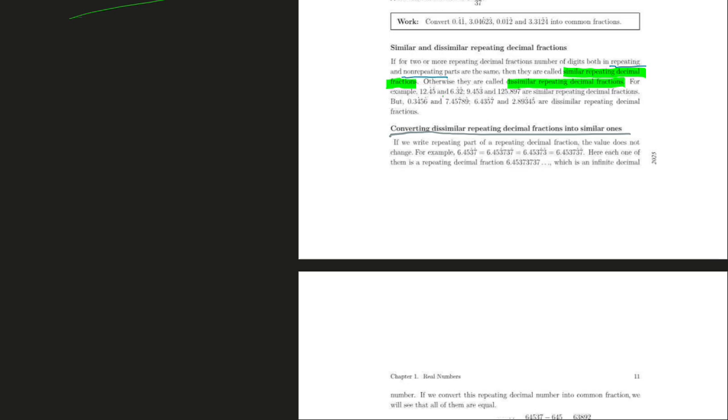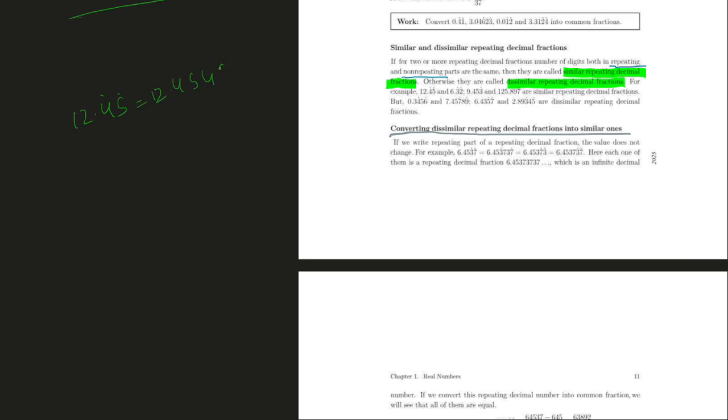For example, here are similar repeating decimal fractions. If we expand, say, 12.1245, what we get is 1245.